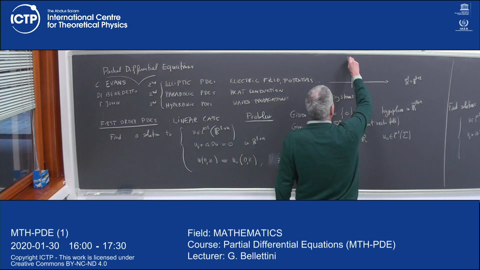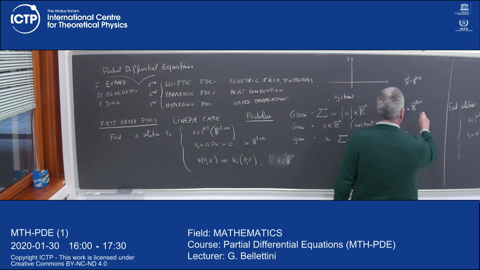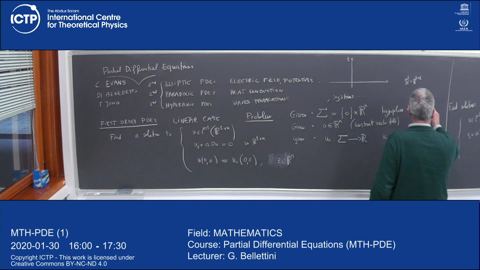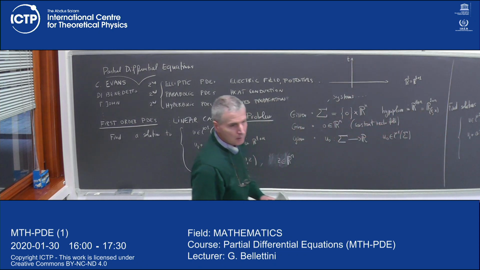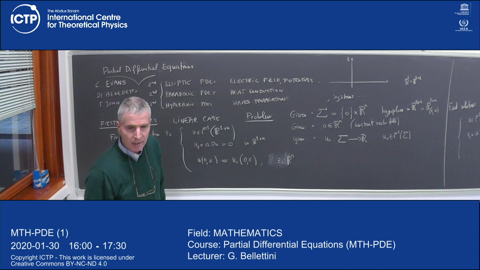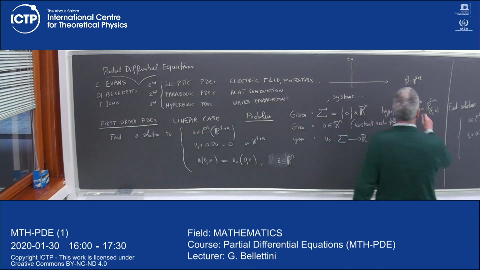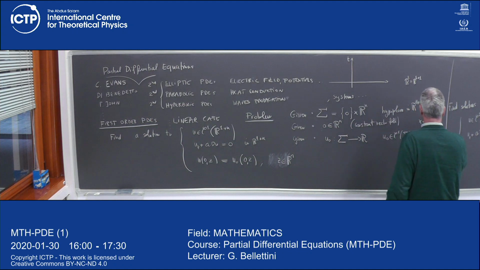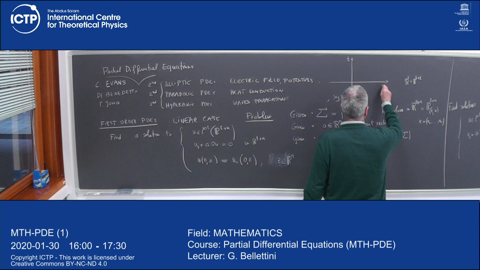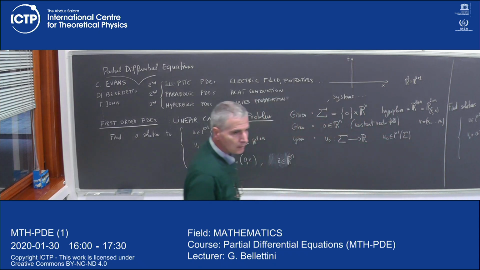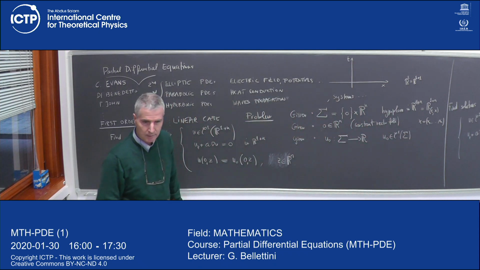The first component is what I call t, let me call it time. The second component is the vector x, so x is x1 to xn. In this simplest case we just have n equal 1, and I call x1 equal x.